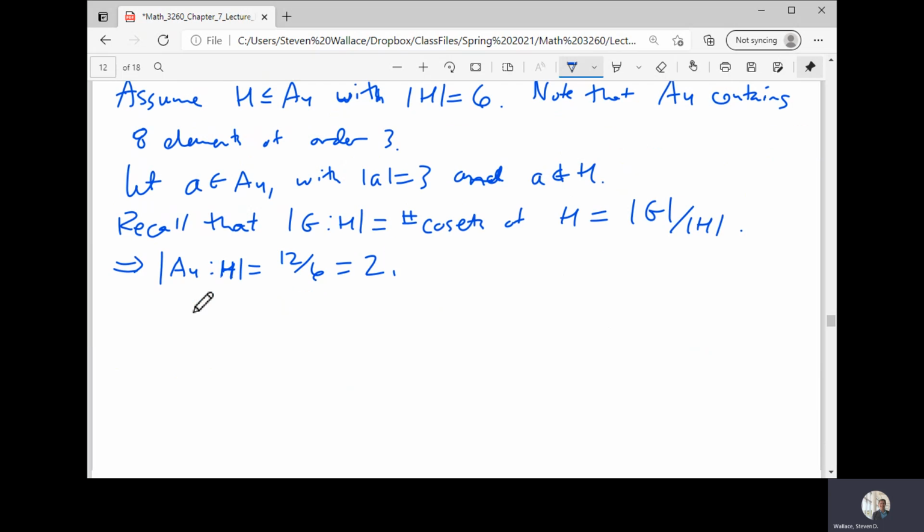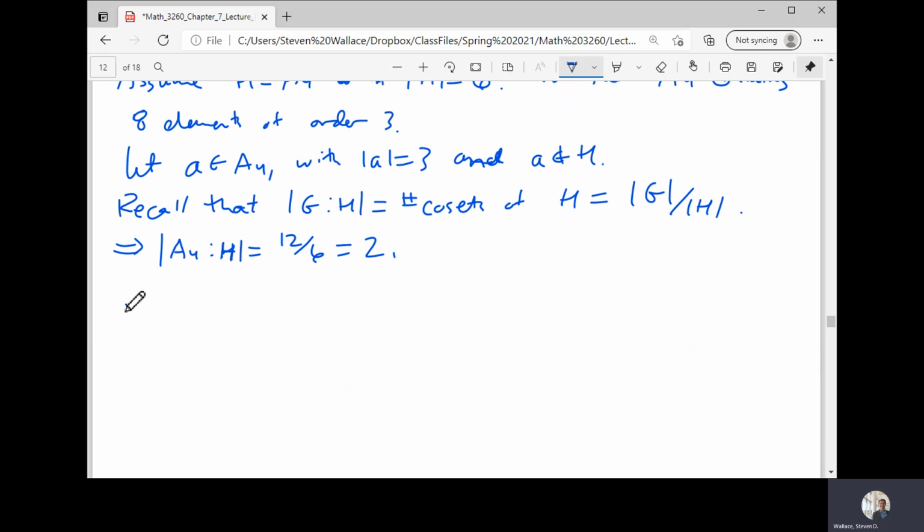And of course, this means that there are 2 distinct cosets. But A is of order 3, so H, AH, and A squared H are not all different, even though e, A to the 1, and A to the 2 are all different elements. So a pair of them has to be equal.